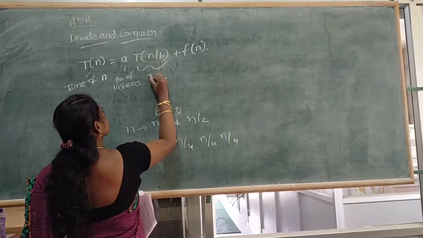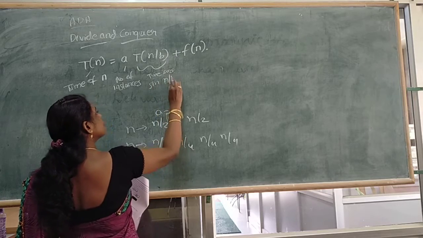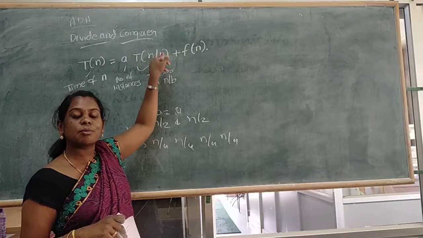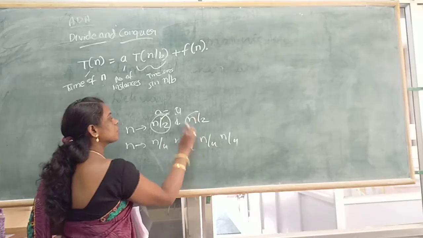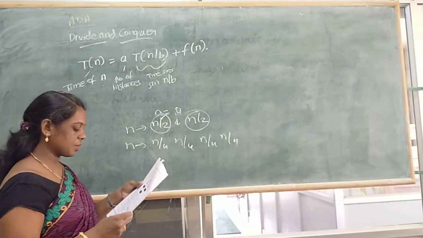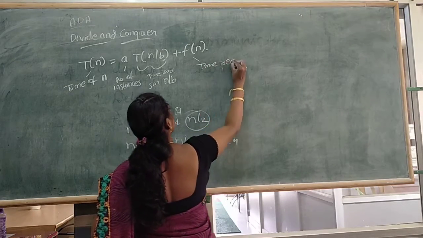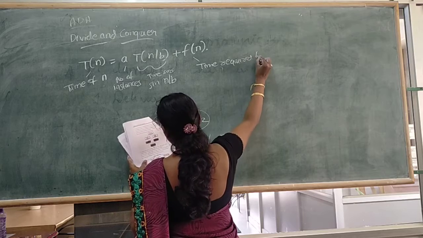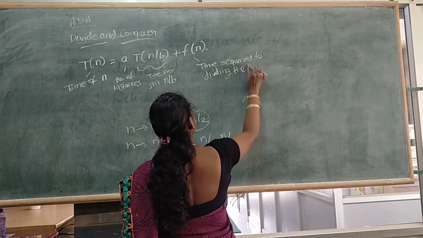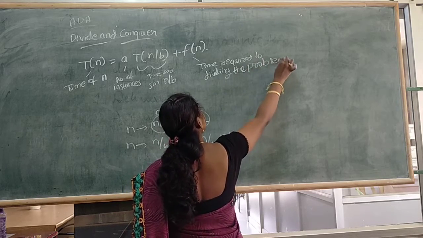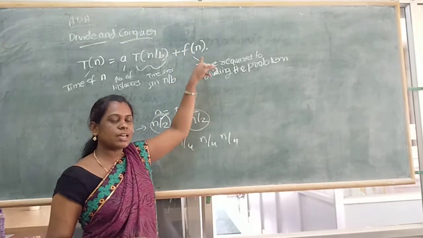this is the time for size n/b, that is, the time taken to solve an n/b problem. For example, for this particular n/2, how much time it has taken, we find out separately. So this is the time required for dividing the problem. First you have to divide the problem, right? So how much time you are taking to divide the problem, that is called f of n.